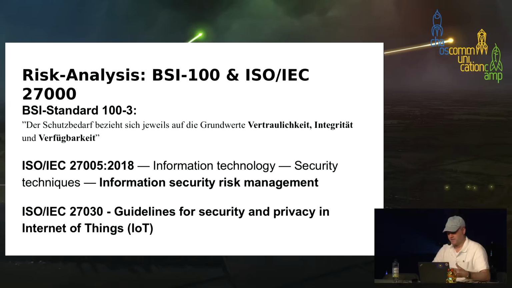And it's also important that the BSI standard defines the Grundwerte, or Schutzbedarf und Grundwerte: confidentiality, integrity, and availability. So these three aspects will be our targets we want to achieve here.